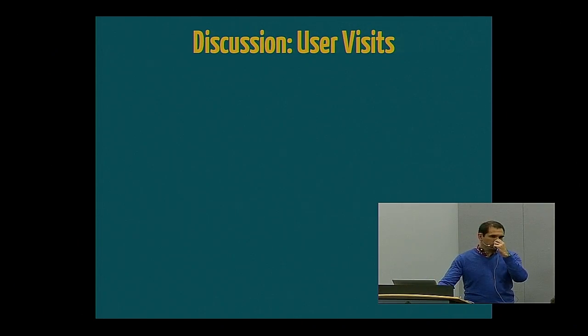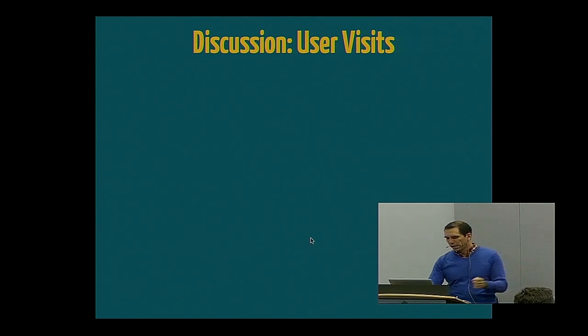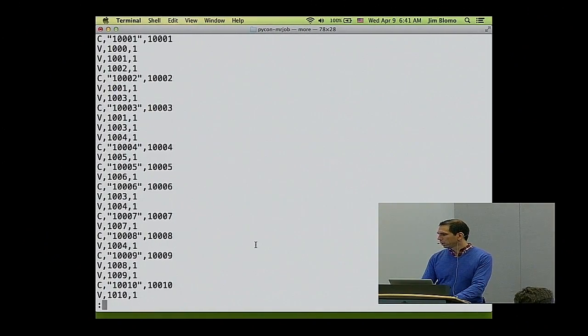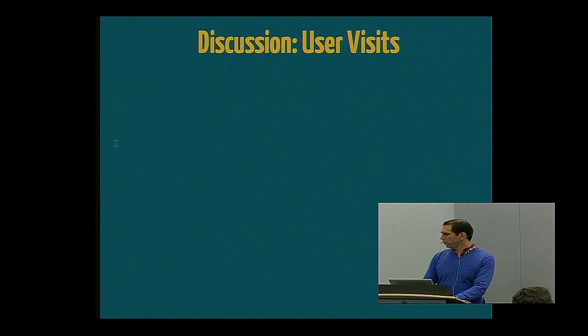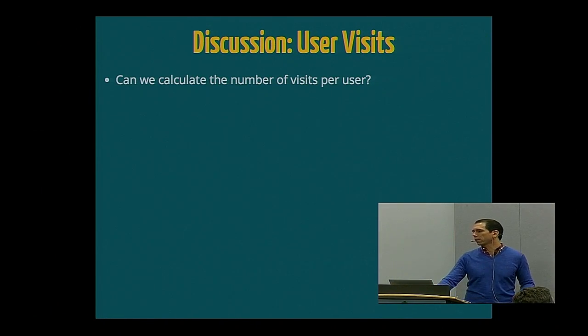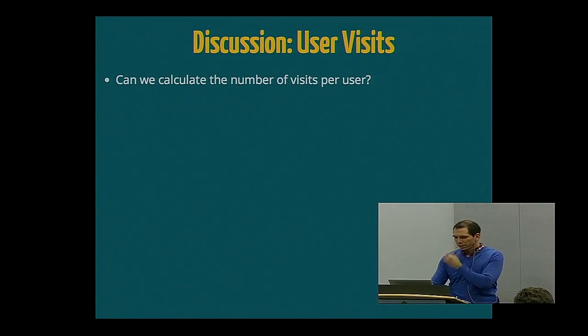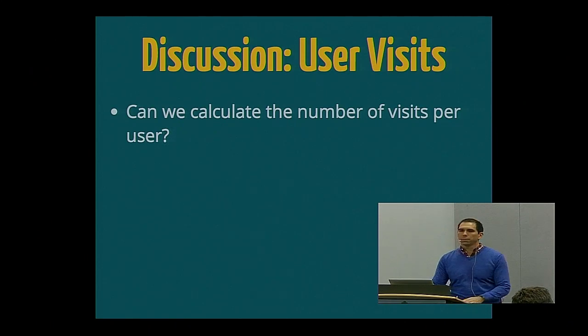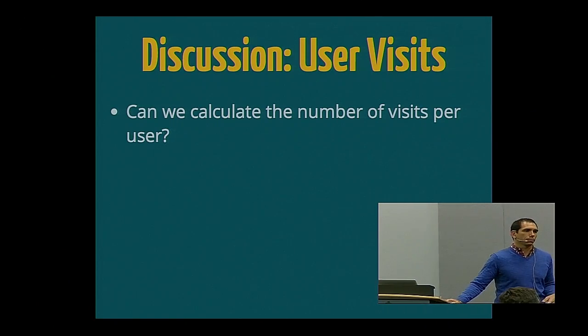So with these user visits, remember we had a different action, the C type, for this customer and then all of the vroots that they visited, right? So one question is, can we calculate the number of visits that each user made with mrjob?